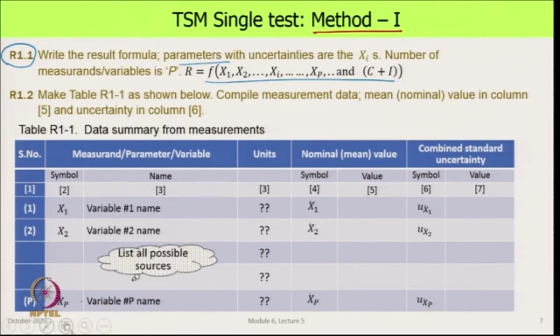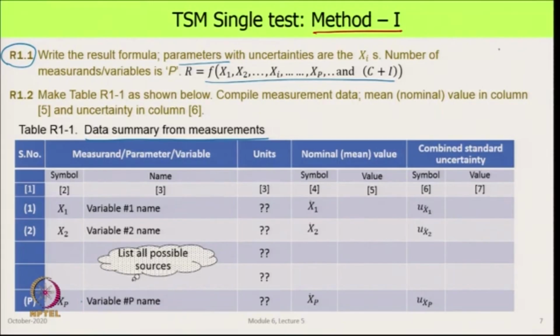Then we make this first table R1-1, and this is a data summary from measurements. So, our starting point in result calculation is that we have got the analyzed data from the measurement part, which came from doing the experiments.